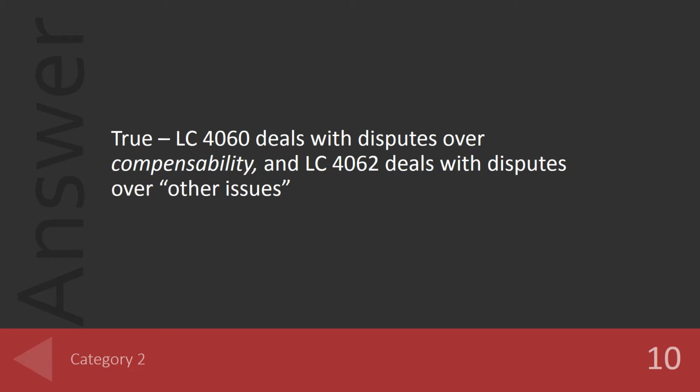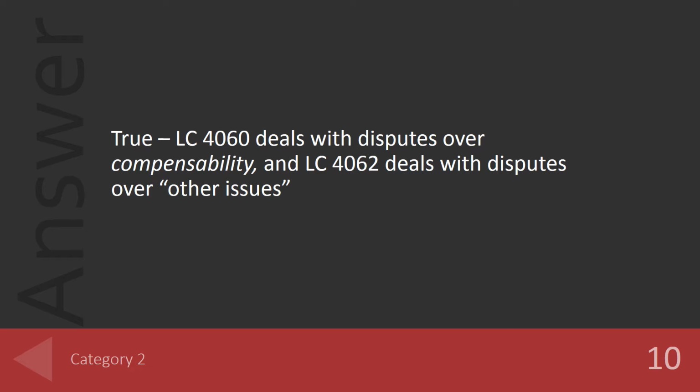4060 has dedicated use for compensability. 4061 is dedicated for use with disputes over permanent impairment and future medical care. And then we have the garbage bin, so to say, of 4062, which is involved with all other issues. Okay?